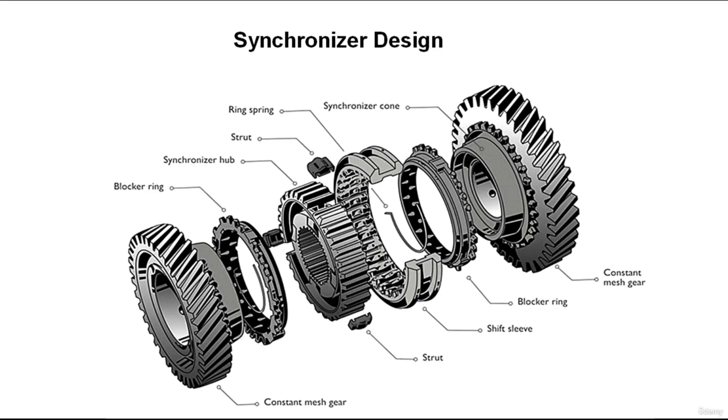The synchronizer sleeve is precisely machined to slide onto the clutch hub smoothly. The sleeve and hub sometimes have alignment marks to ensure proper indexing of their splines when assembling, to maintain smooth operation.